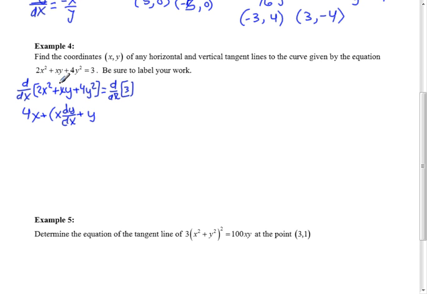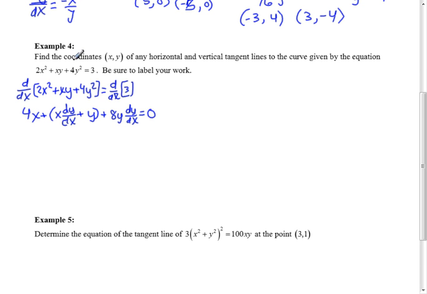And remember, the derivative of x is just dx over dx, or 1, plus, using the power rule here, 8y dy/dx. And the derivative of any constant is simply 0.